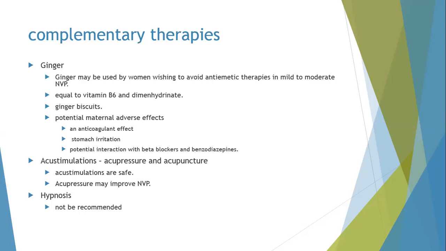Ginger tea or ginger biscuit are both okay, and studies show good results for mild to moderate nausea and vomiting. The potential adverse effects are anticoagulant effect, stomach irritation, and potential interaction with beta blockers and benzodiazepines. So if she is using beta blockers or benzodiazepines, we will not tell her to take ginger.